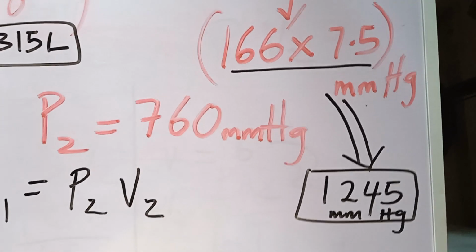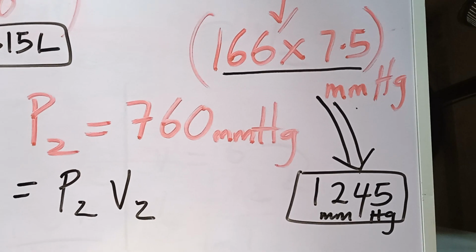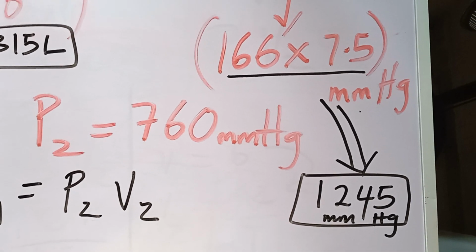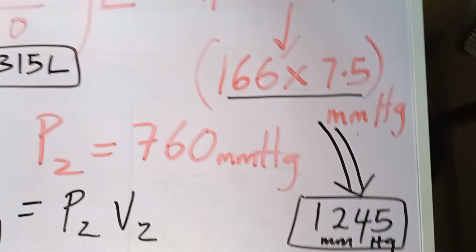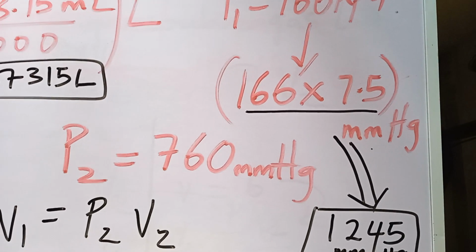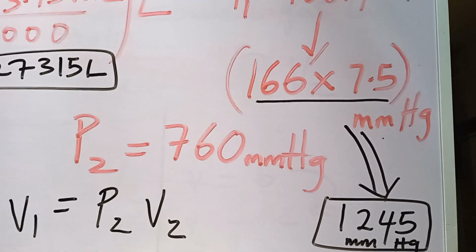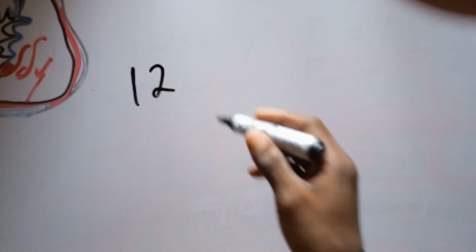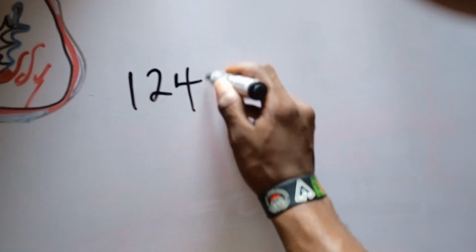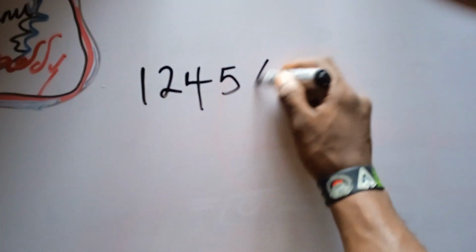And 166 kilopascal multiplied by 7.5 will give us 1245 millimeter mercury, and that is our P1. P2 is 760 millimeter mercury, because they said at STP.